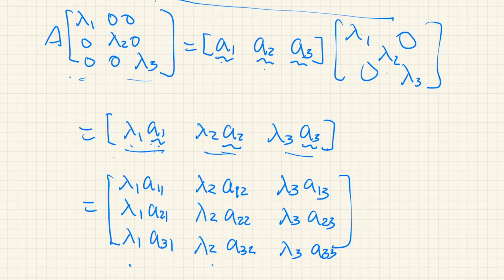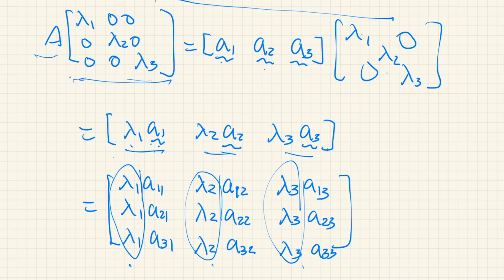So each column is multiplied by a separate constant. That's what happens if you multiply a matrix by a diagonal matrix from the right. So each diagonal entry appears in order.